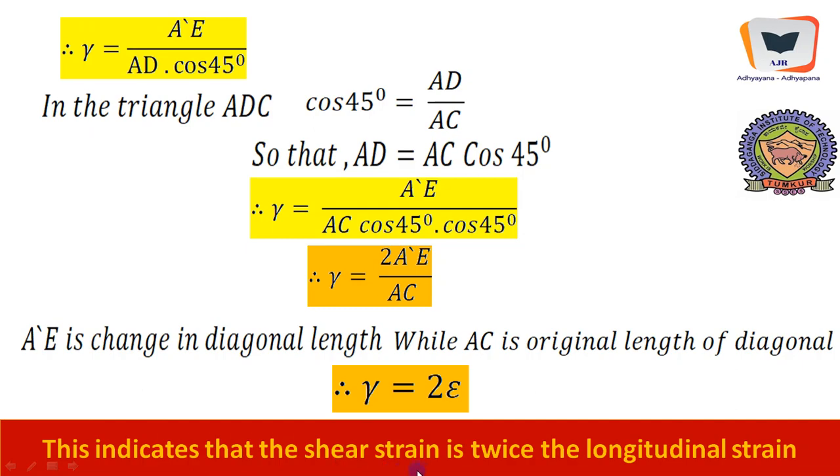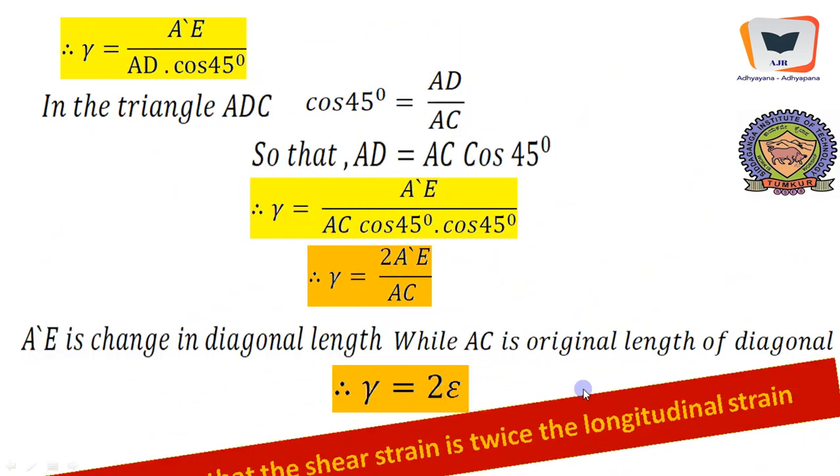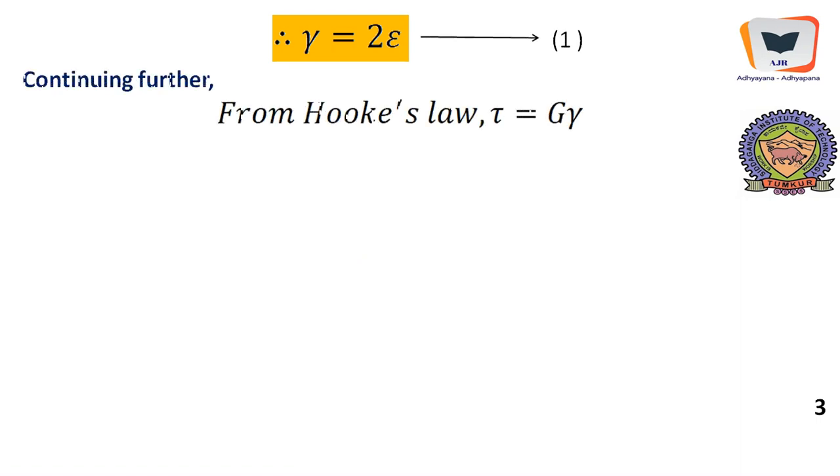This indicates that the shear strain is twice the longitudinal strain. This is a very important observation, my esteemed viewers. And so we are here. We will once again continue our journey for obtaining the relationship between E, G and K. So this is number one, a very significant observation.